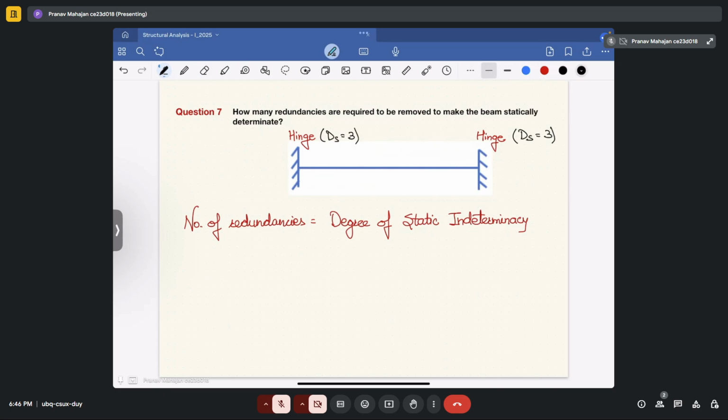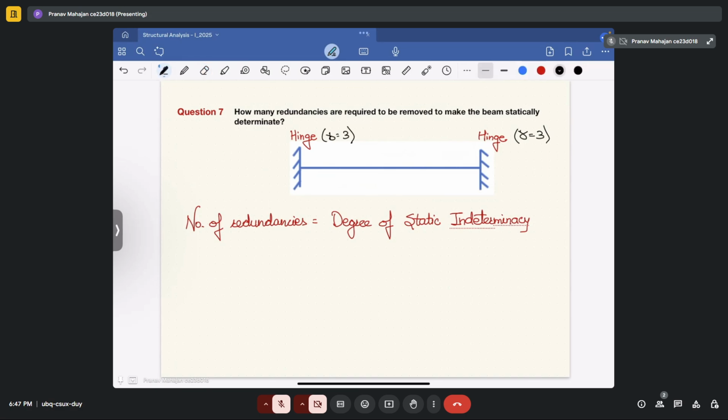Now if you calculate the total, or if I write not static indeterminacy but unknowns, I think R is a better term to write here. Your R, that is the number of reactions, is equal to 3. So here R, here it is 3.